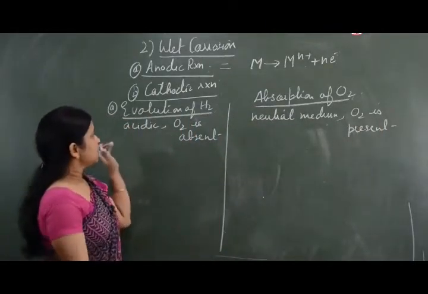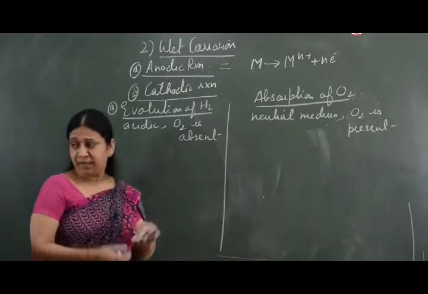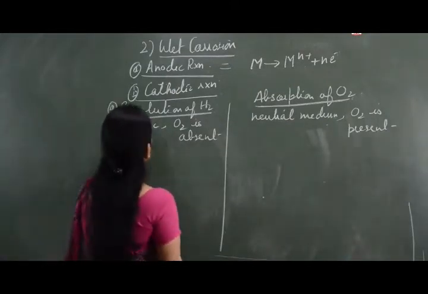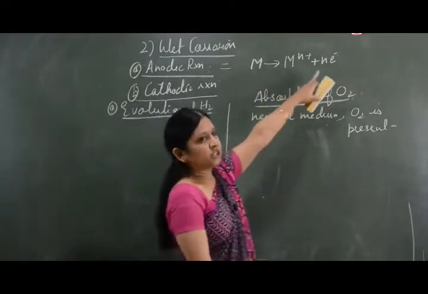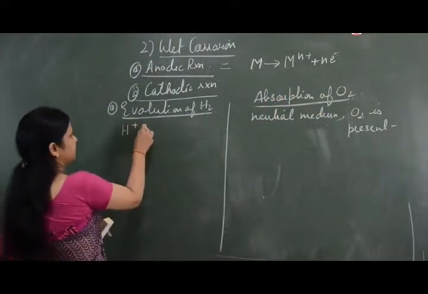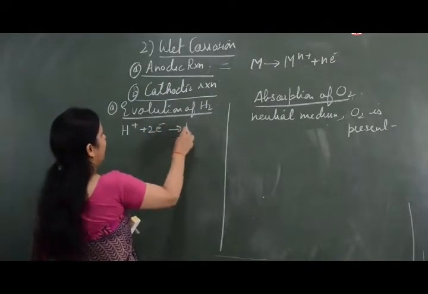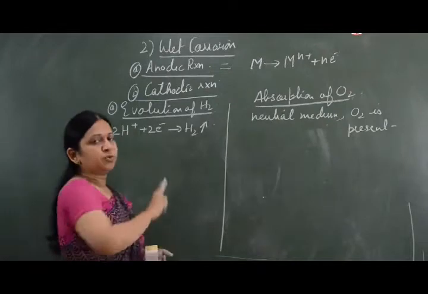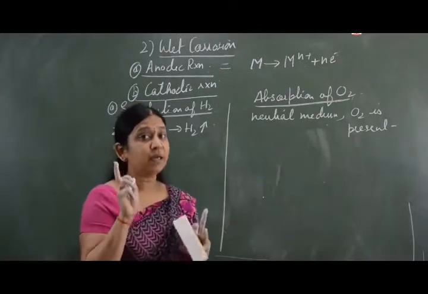Now because the medium is acidic, the electrons which are released here are taken up by H plus ions and hydrogen gas is evolved. So this is the reaction which is going to take place at cathode.